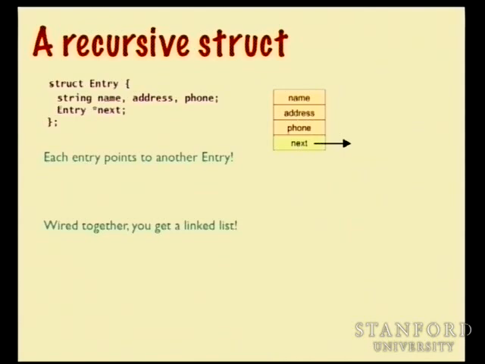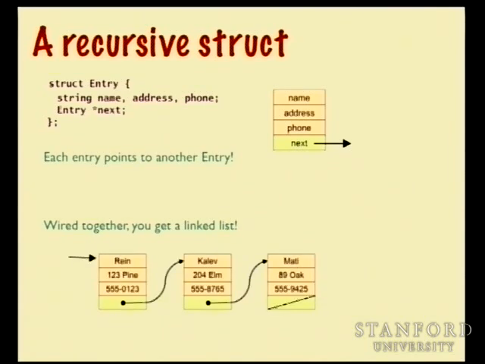So I've got 3 fields that represent Jason's entry in my address book, and then he has a pointer to more entries, or at least an entry, let's say the entry that follows this one, which itself can be the name and address and phone number of Joel, with a pointer to another entry, and so on. So each entry points to another entry. That's what makes for a recursive structure.